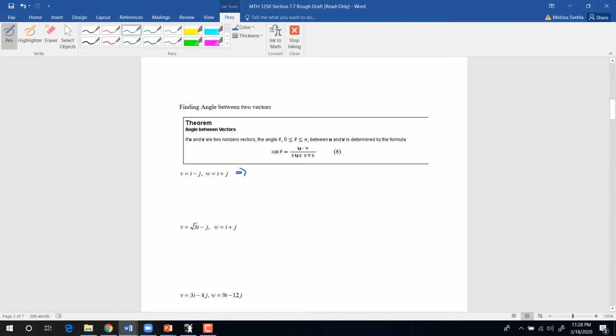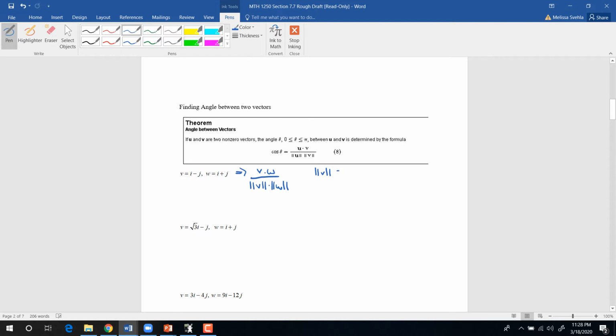Okay, so I'm just going to do v dot w. So the formula is really v dot w over the magnitude of each one multiplied. So we're going to find the magnitude of each one. Remember, the magnitude for your vectors is very similar to the Pythagorean theorem.